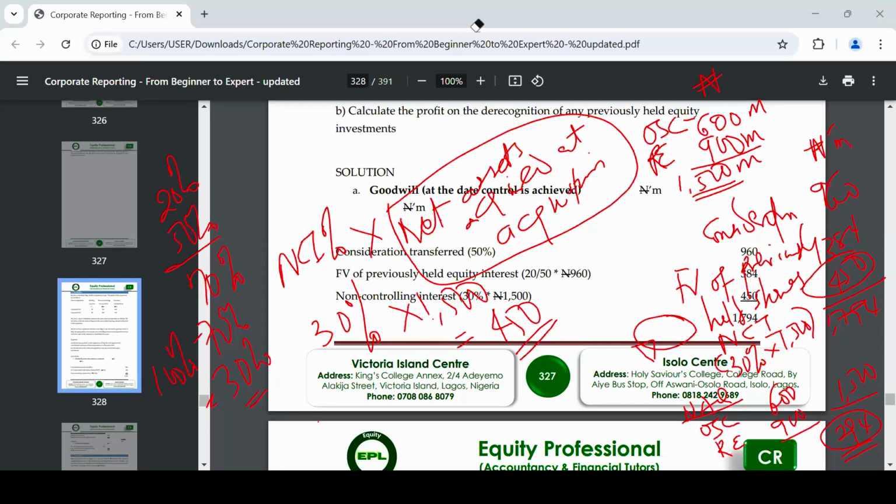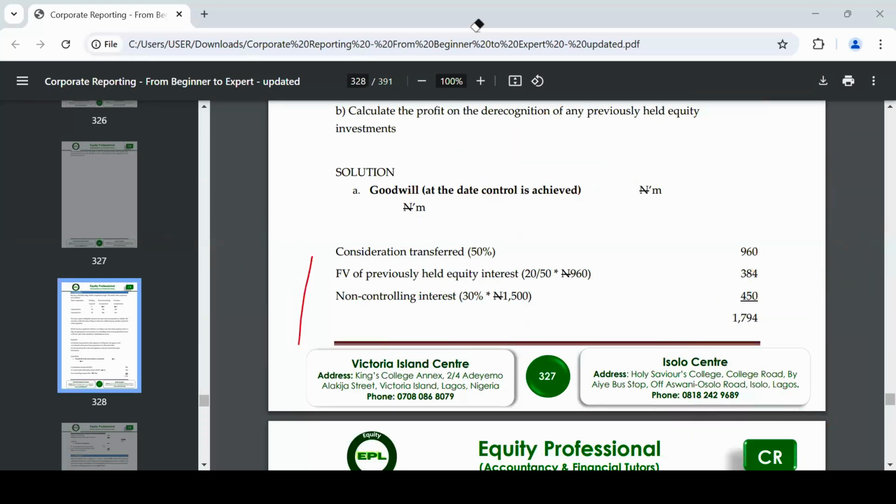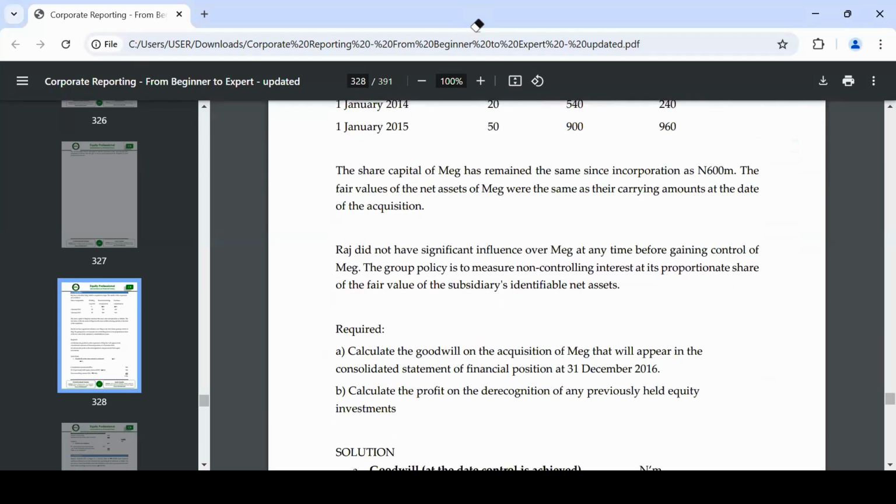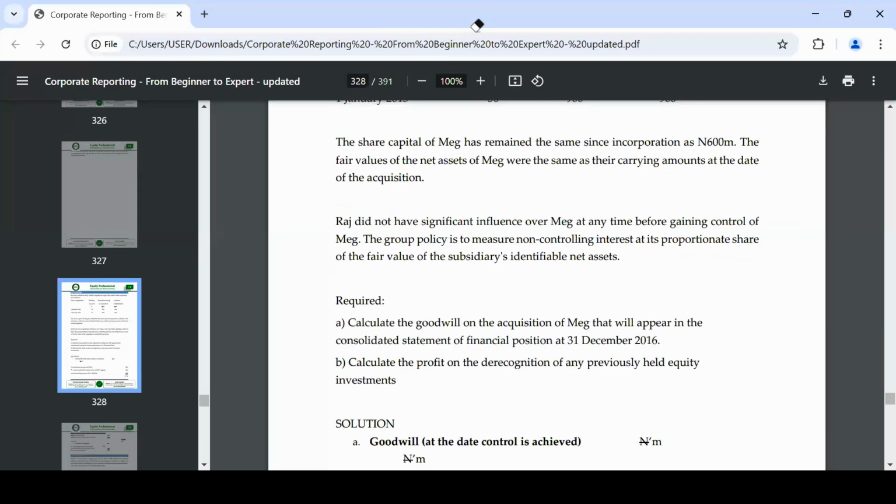So with this, we have dealt with one of the two problems that they asked us to solve. The second question is quite simpler, very easy and straightforward. They asked us to calculate the profit on the derecognition of any previously held equity investment.